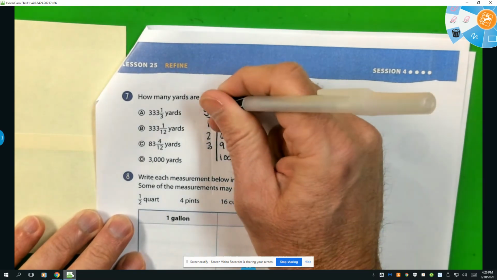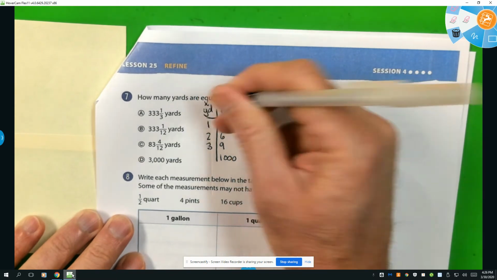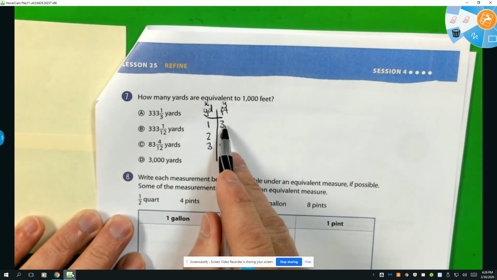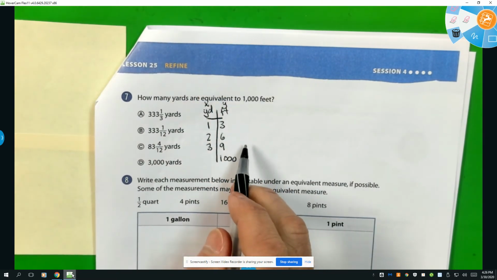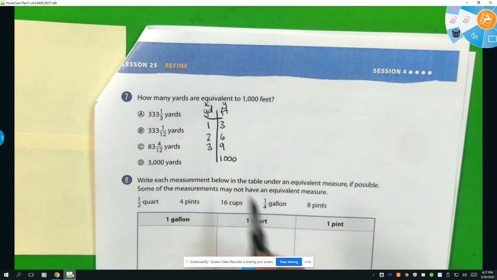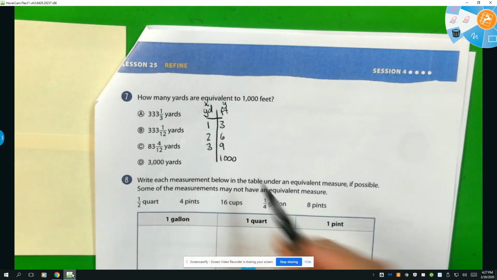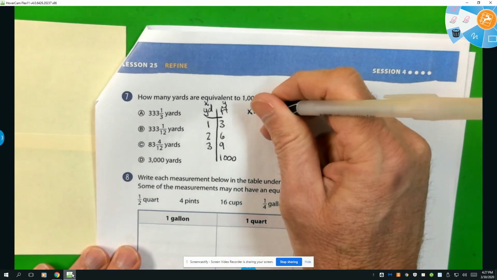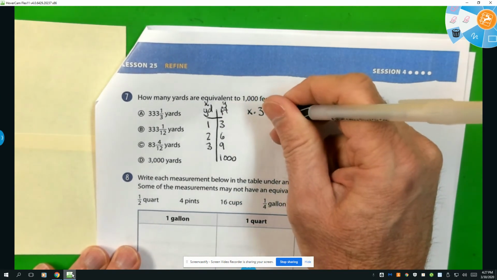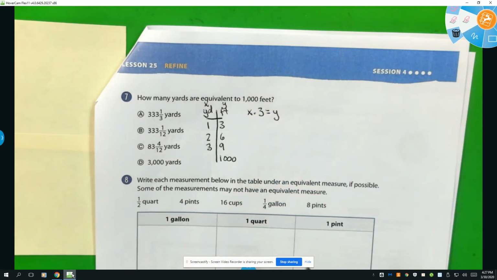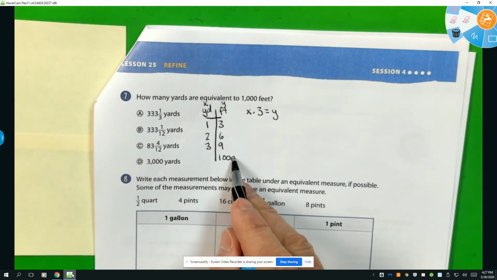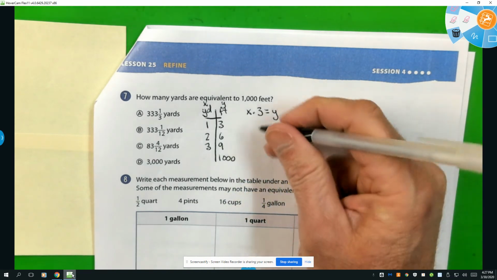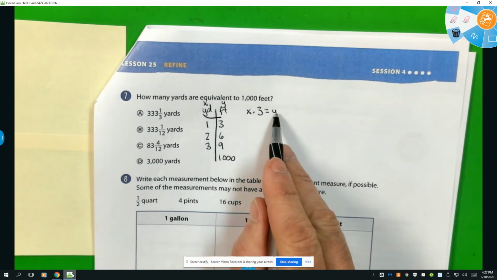So how do I get from y back to x? If I wanted to go backwards from this y to the x, I know that going from x to y, it's x times 3 will equal y. Well, if I want to go from the y coordinate to the x coordinate over here, all I've got to do is the opposite, the inverse.